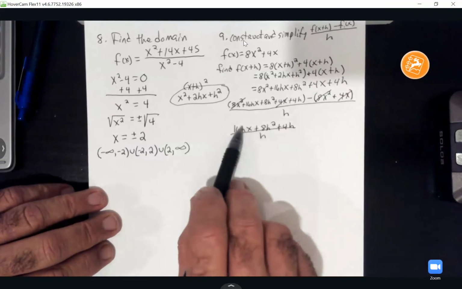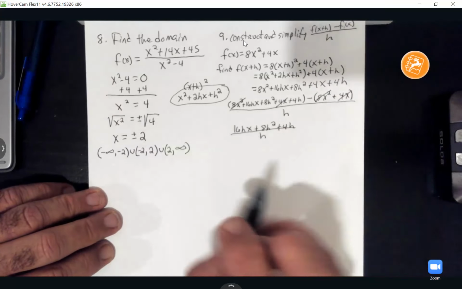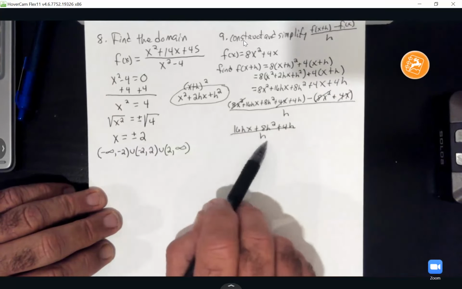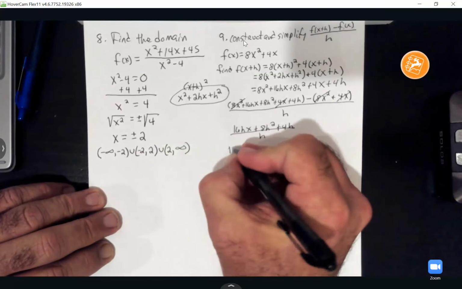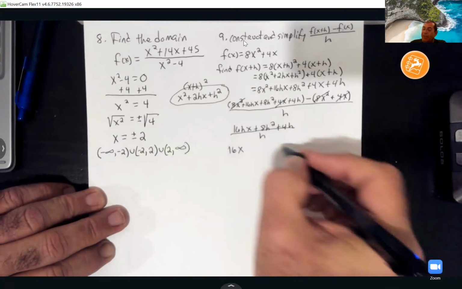Would it be 16x? I would go with 16x because they cancel.